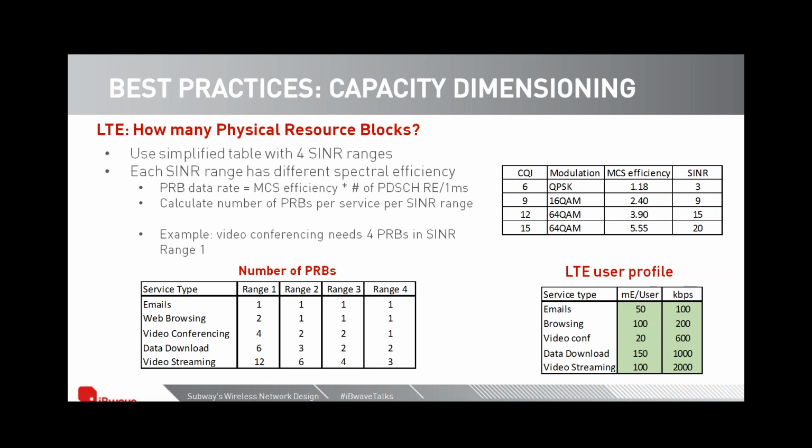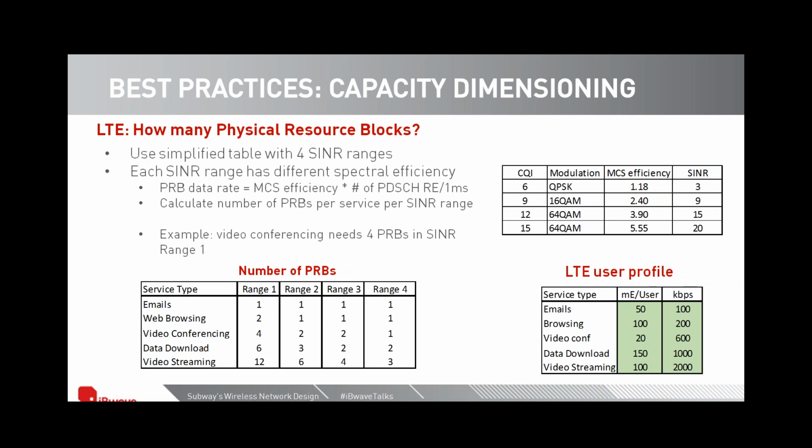Now, in range 4, which is for SINR greater than 20 dB, the PRB data rate is going to be close to 900 kilobits per second. What exactly the data rate is going to be depends on the overhead that you have in the system.